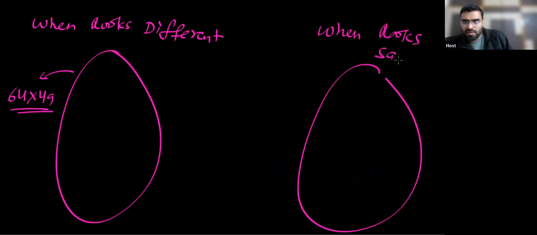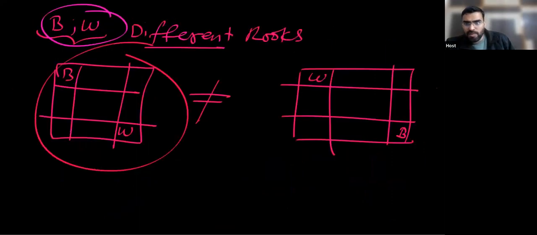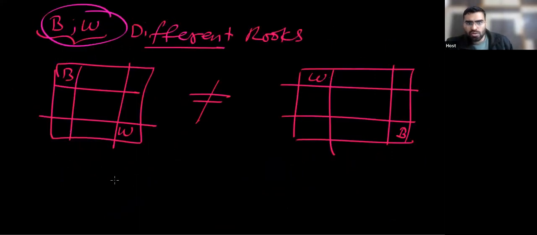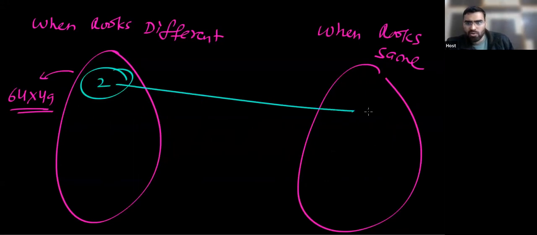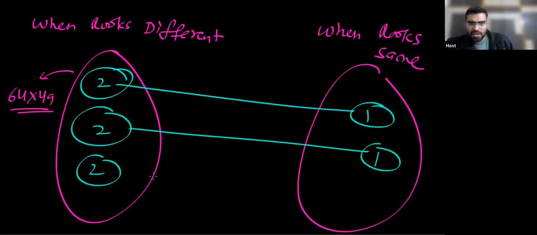When rooks are the same, two cases are counted as one. These two cases will be counted as one, and so on.